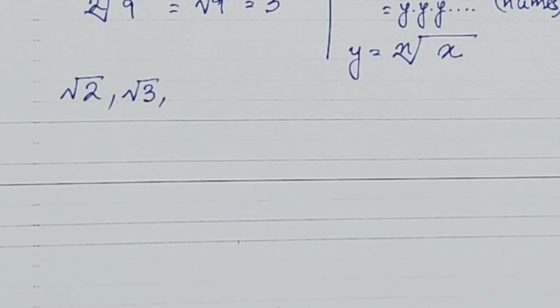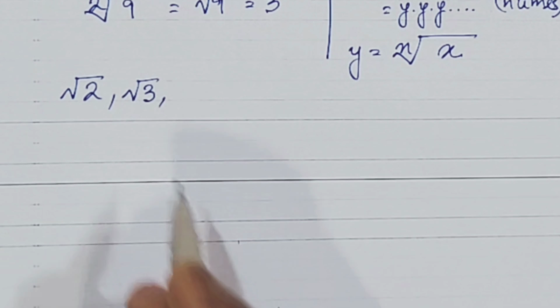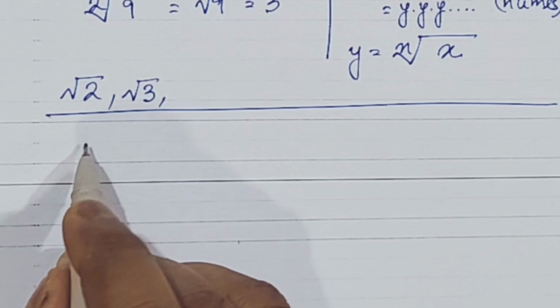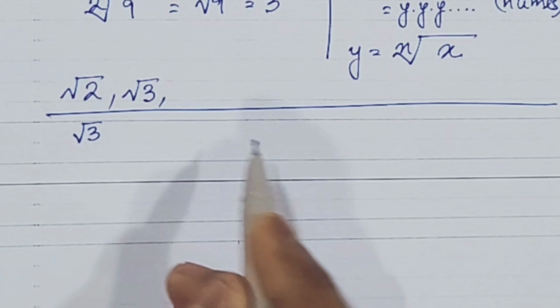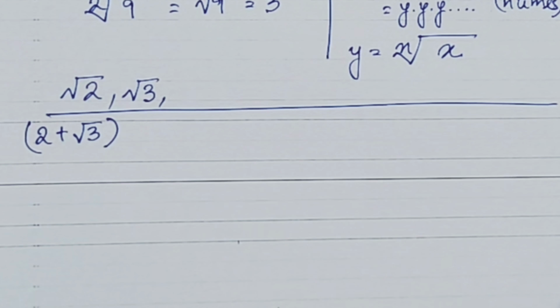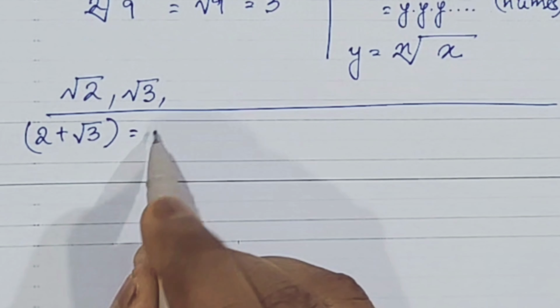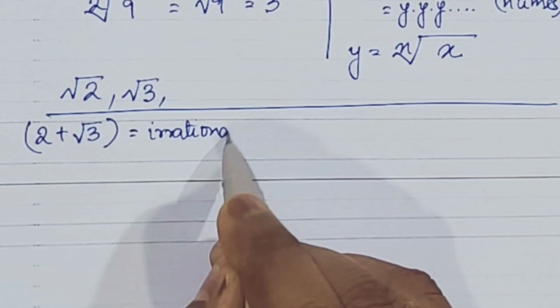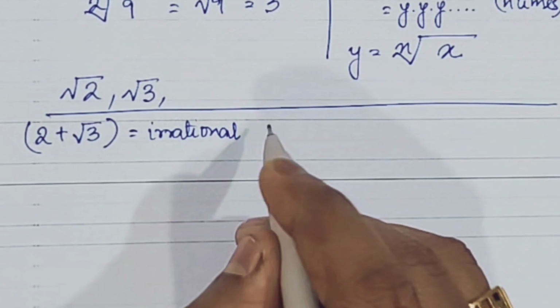Now what happens when you do mathematical calculations involving irrational numbers? Let's say square root of 3 is an irrational number. Now that added with a rational number 2 is still an irrational number.